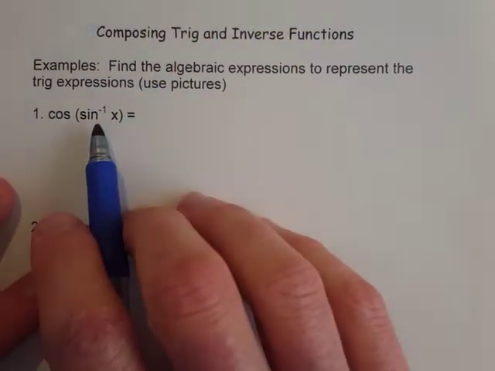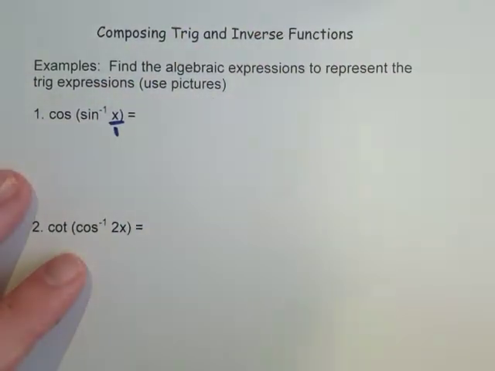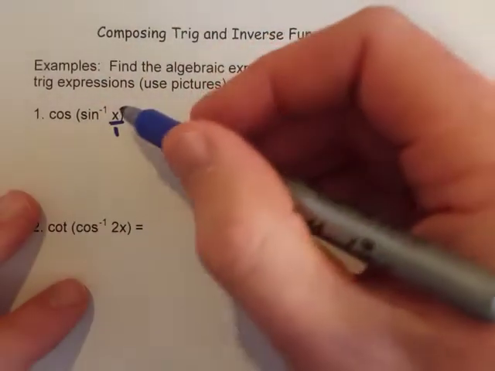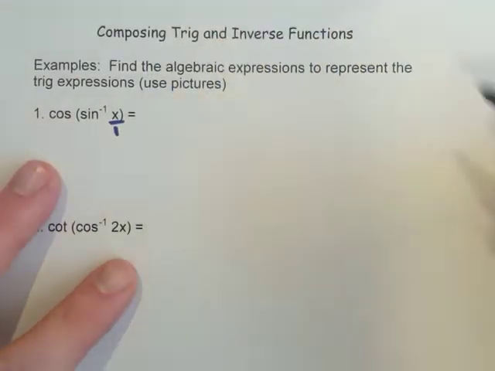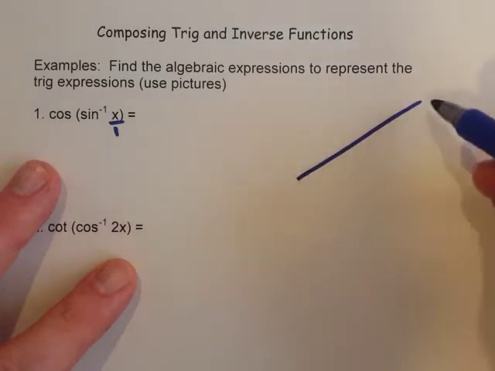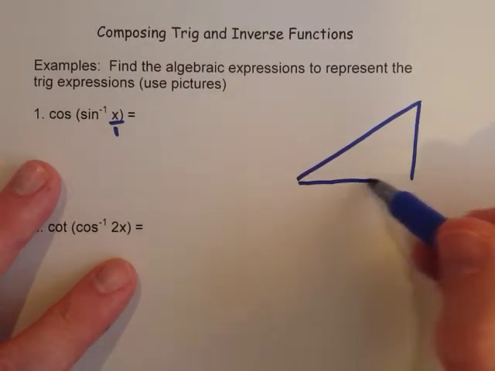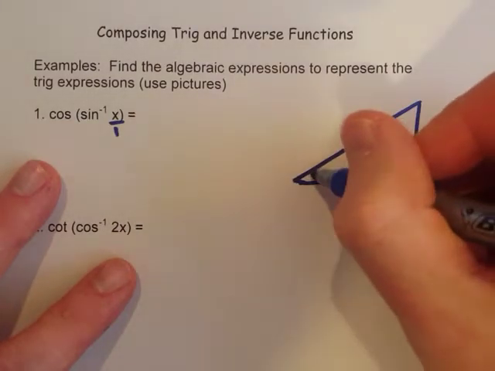Now when we think about sine, we think about opposite over hypotenuse, and we're going to do that here, but we don't have anything but x. So I want to just put this x over 1, so we can think about that as being x over 1 as opposite over hypotenuse. Now I'm going to draw kind of a vague triangle over here, and I'm going to make an angle that's just some angle right here.